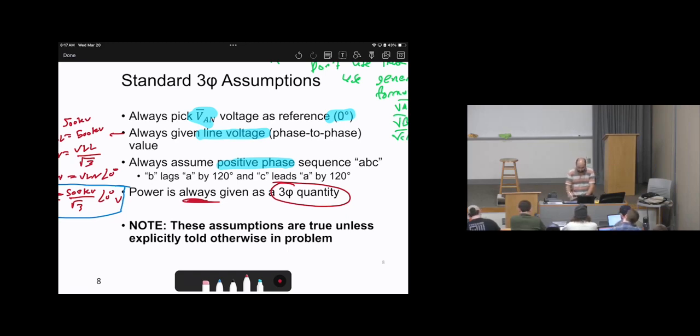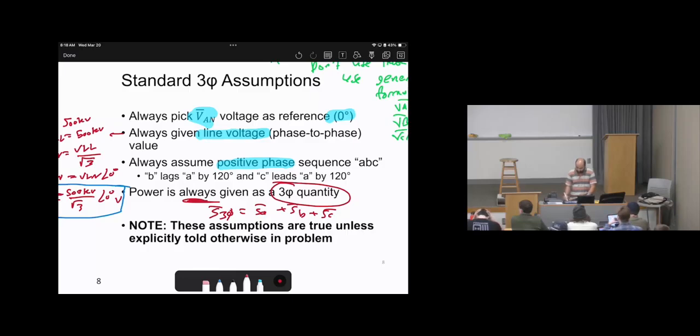We will discuss the power later, but if there is no information about the complex power, this is the total complex power for phase A, phase B, and phase C. So if, for example, we read from the data sheet a 100 kilowatt generator, then you will know that this 100 kilowatt is associated with phase A plus phase B plus phase C. If you need to find it for a single phase, if it is balanced, you will say 100 divided by 3. If it is unbalanced, you need to calculate for each phase alone.